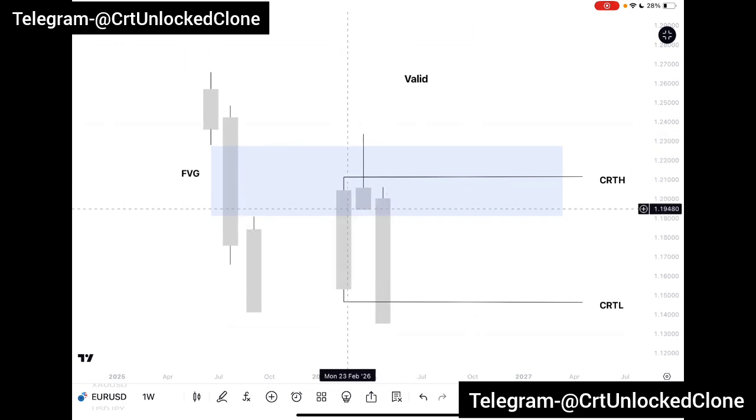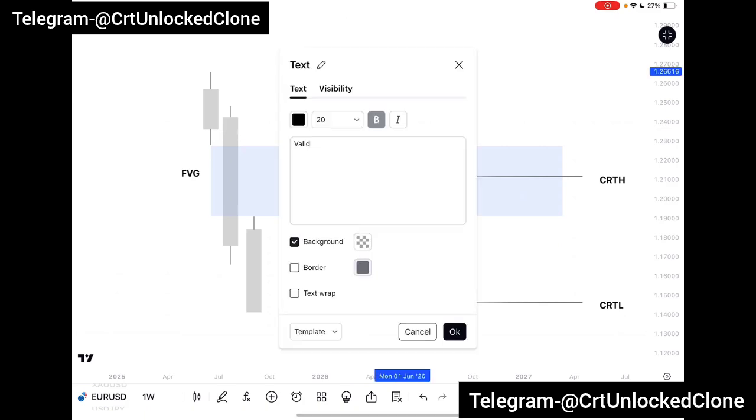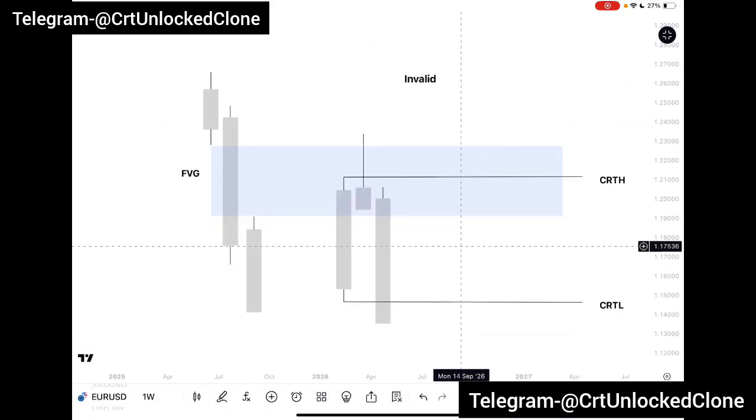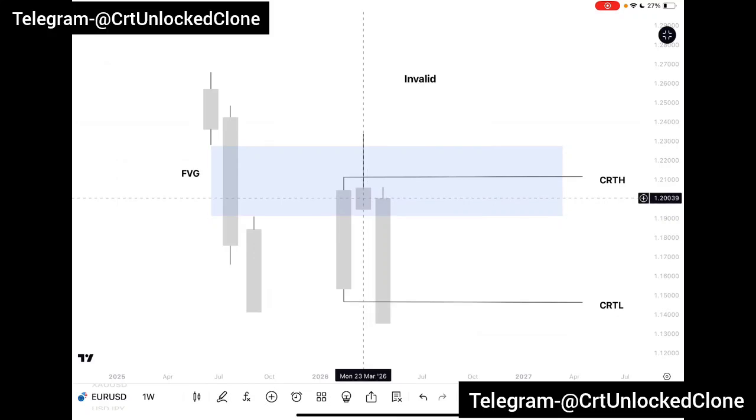The CRT candle has formed inside our key level FVG and the manipulation candle has gone outside the key level FVG, and now this scenario is a pure invalid scenario. Invalid because the manipulation candle has gone outside our key level FVG. It is a pure invalid scenario. Now let's see the next scenario.